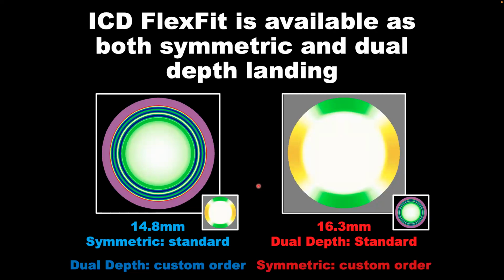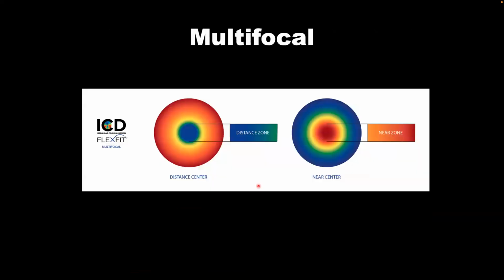And as well, you can ask for the 16.3 to be a symmetric lens without toricity. Again, it doesn't happen that much, but it can happen. So just be aware that you can order whatever you need with those lenses. Okay. So one of the things that ICD has is multifocal lens designs, and you can ask for distance center or near center. As you can see here, this is the distance center, and here in the outer part is the near vision.